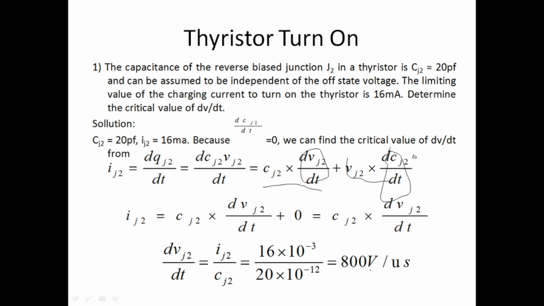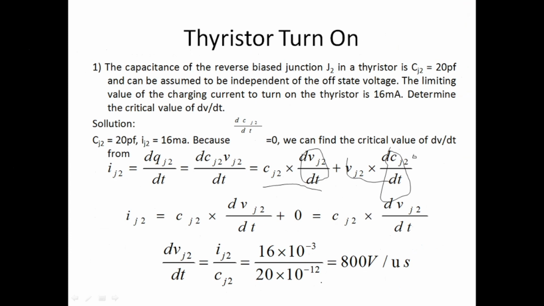So it is 800 volts per microsecond. Why 800? Just verify the powers of ten: minus 3 in the numerator, minus 12 for picofarad, so minus 3 minus minus 12 gives minus 9, then the factor of 10 gives minus 8.